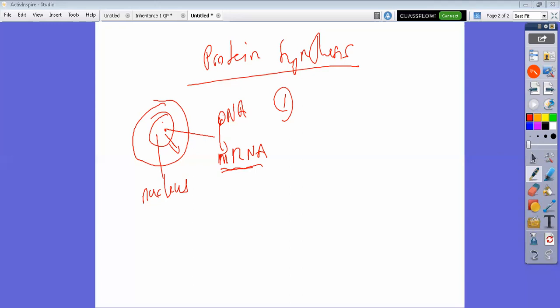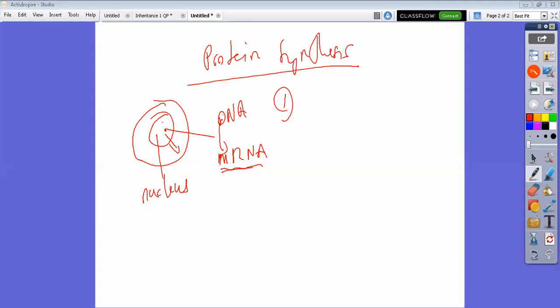Then the next point is that the ribosome assembles amino acids into different protein molecules, depending on their bases. Are we together?